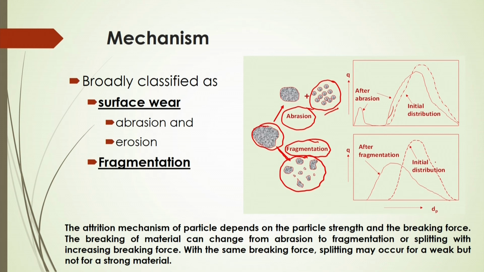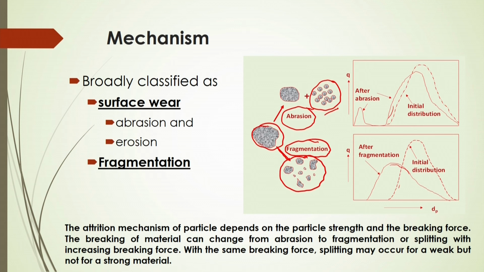Again, for fragmentation, after attrition the distribution will change. The initial distribution means that you are putting in catalyst particles or some other particles, maybe inert particles, that do not take part in the reaction or any other physical operation.